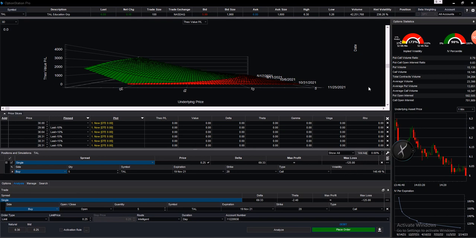Hey guys, quick video. This is for stock ticker symbol TAL, T-A-L. Looking at the options for this particular stock. This stock was trading at a range of 90 to over $100 for a few months.